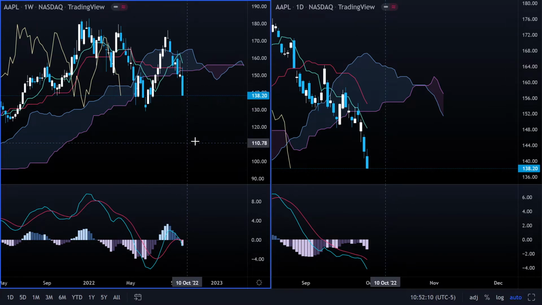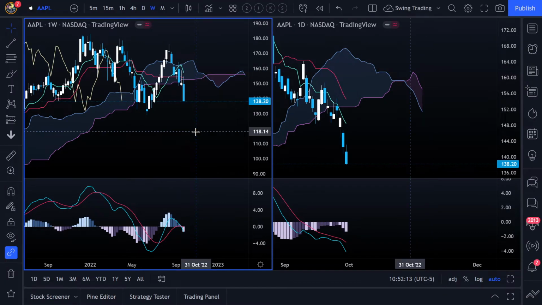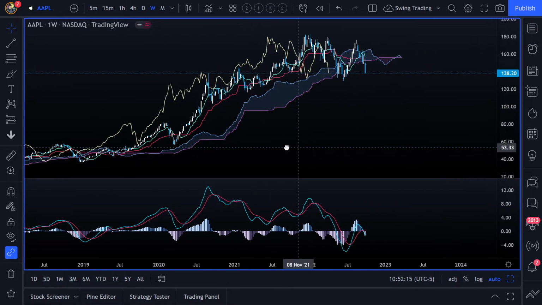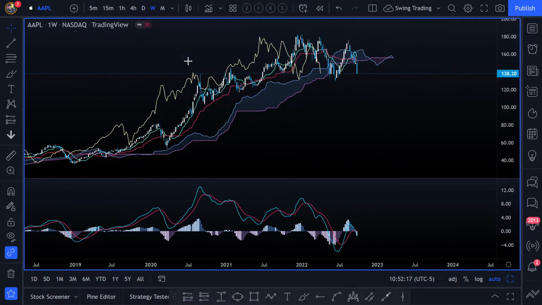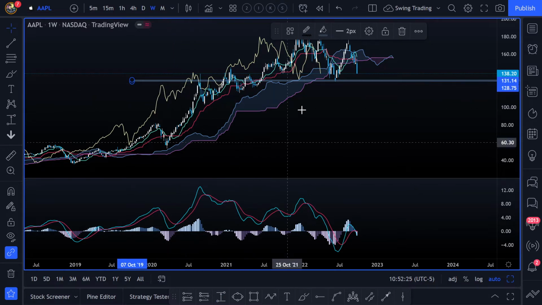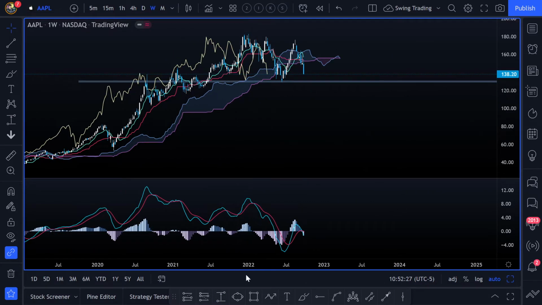So let me draw a few important levels. I think this is the latest support, and this is the latest resistance.